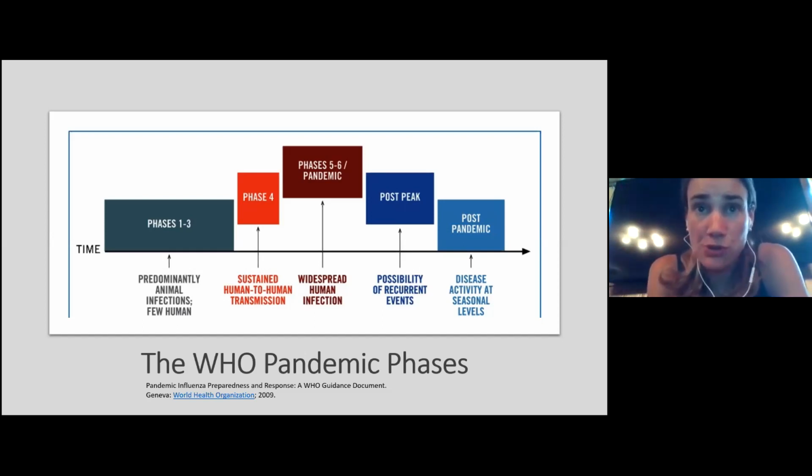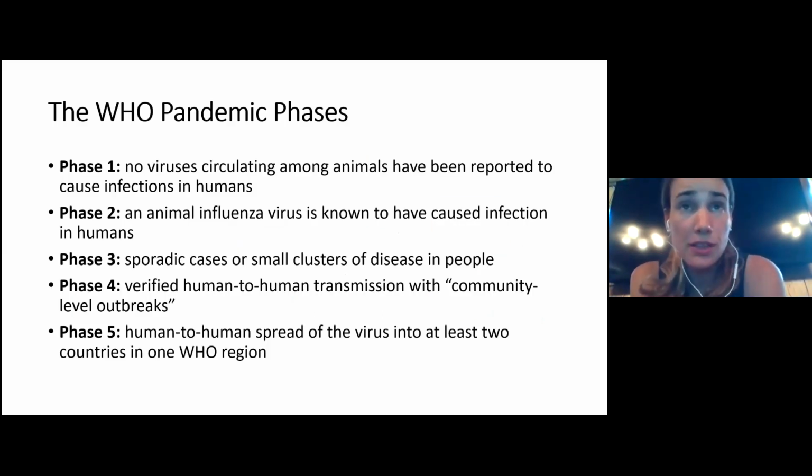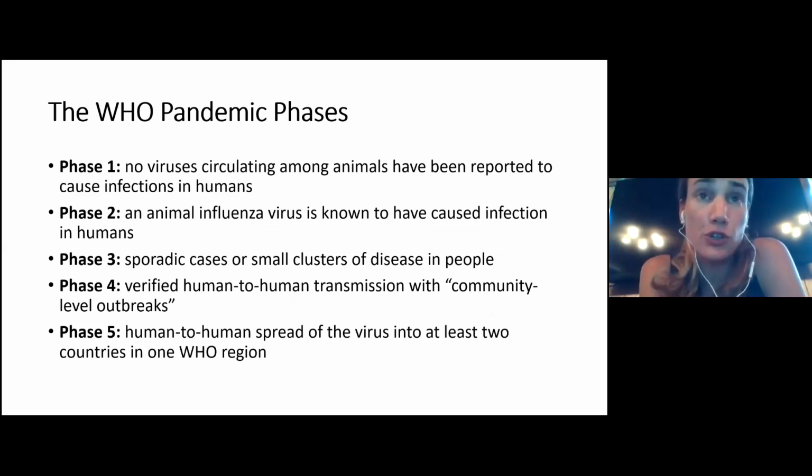Okay, I'm just going to show you the next slide so it's a little more clear, and we can go back to the other slide after. Phase 1, there are no viruses circulating among animals. Phase 2, by the way, this was based on influenza, so often you read influenza there. An animal influenza virus is known to have caused infection in humans.